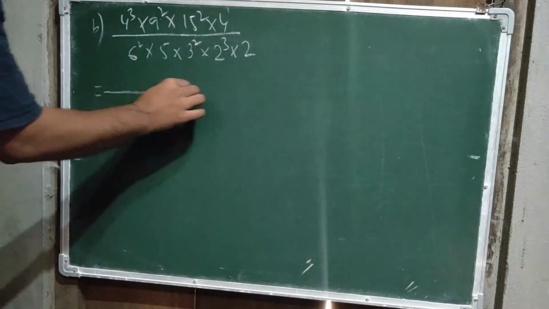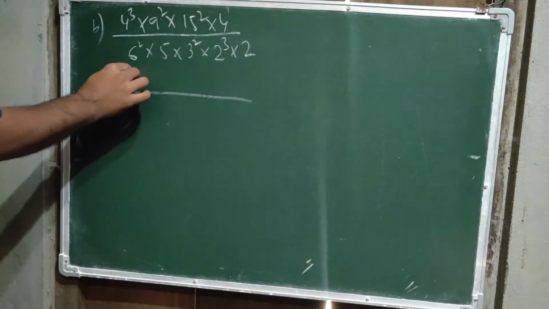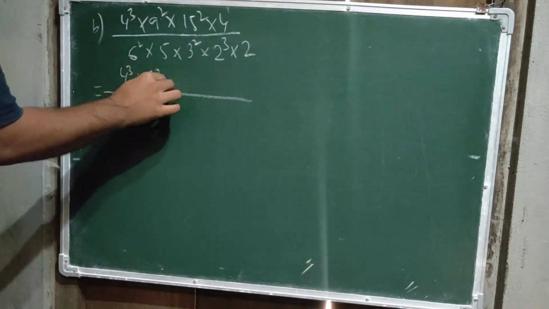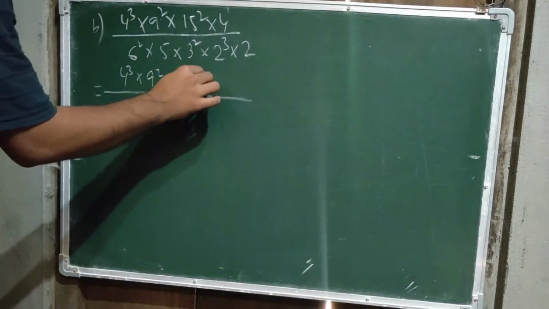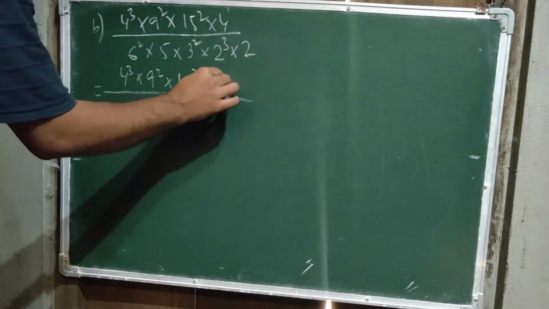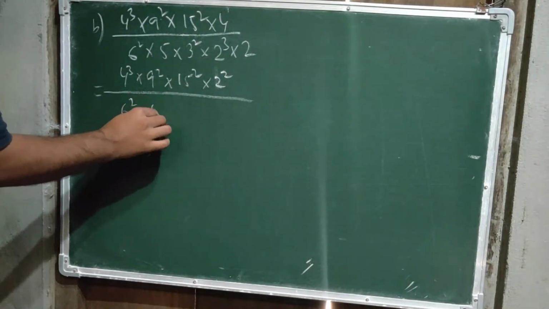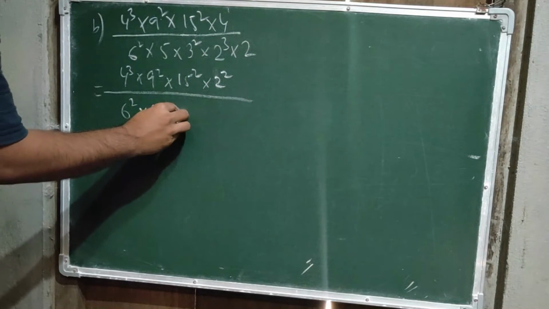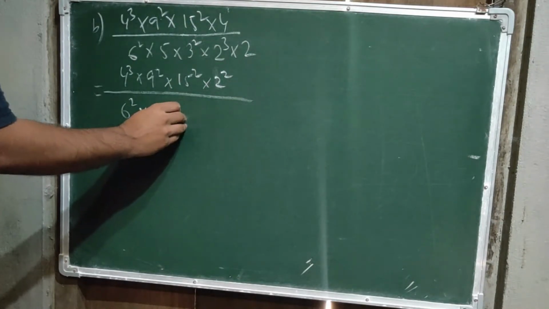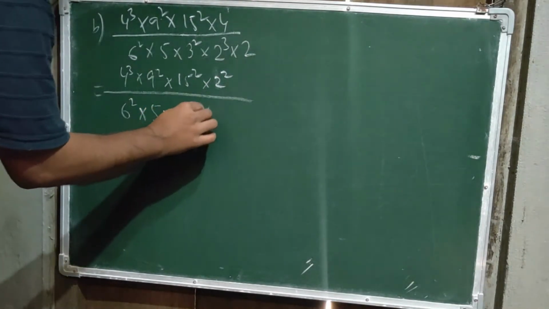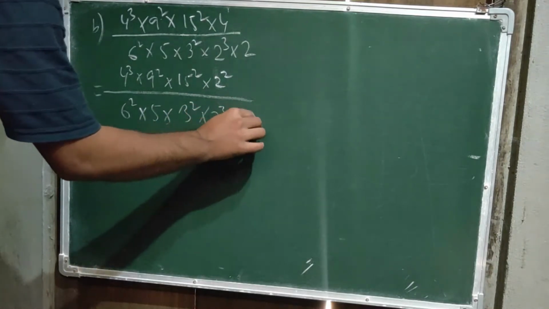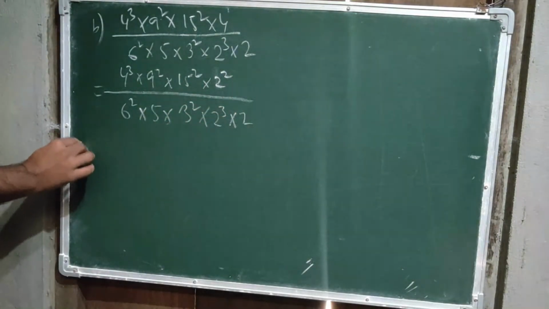So this one is 4³ into 9² into 15² into 2², again 6² into 5 into 3² into 2³ into 2. So now simplification.